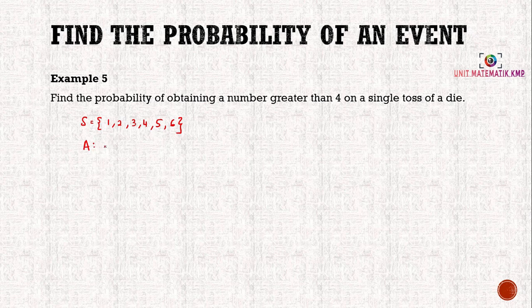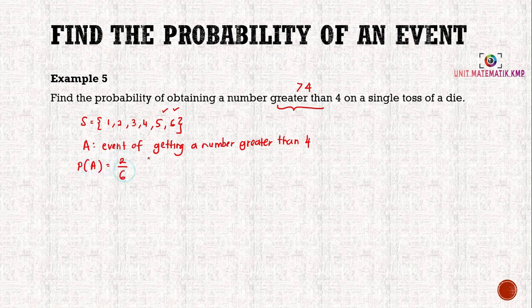So we name it as the event of getting a number greater than 4. The word greater than means that 4 is not included. So we have 5 and 6. So the probability of getting a number greater than 4 is 2 out of 6. Simplify your answer, you will get 1/3. So remember to always simplify your answer.